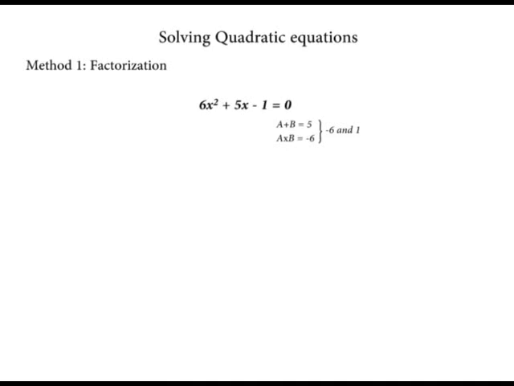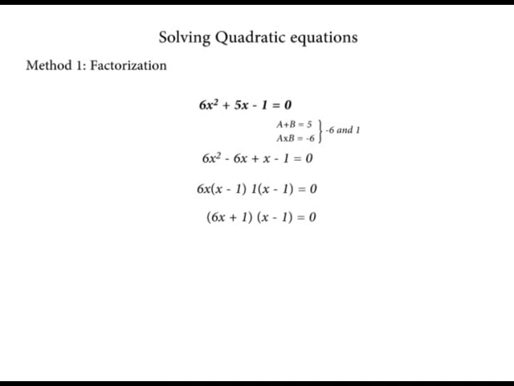Break the linear coefficient. 6x squared minus 6x plus x minus 1 is equal to 0. Factorize 6x into x minus 1, then 1 into x minus 1 is equal to 0. We have 6x plus 1 times x minus 1 is equal to 0.